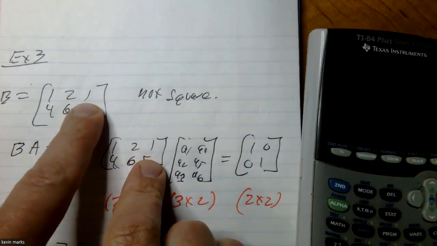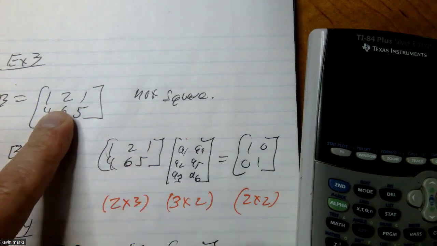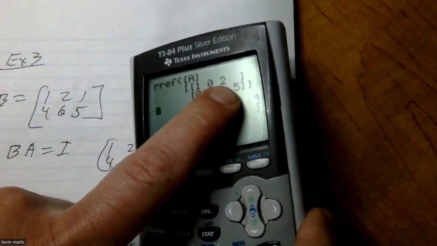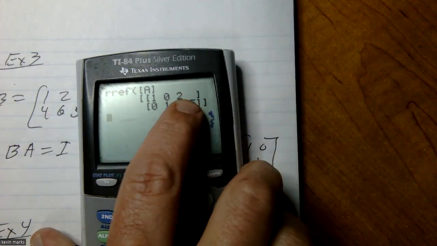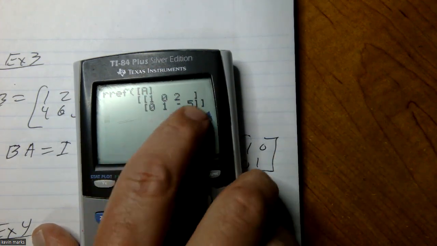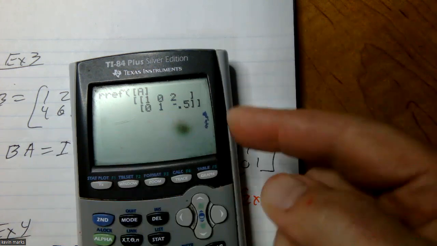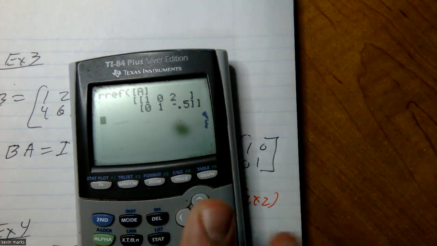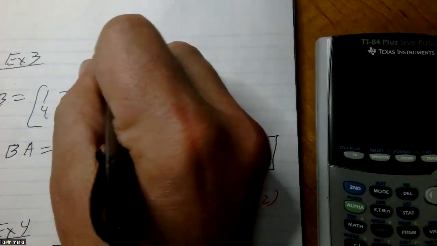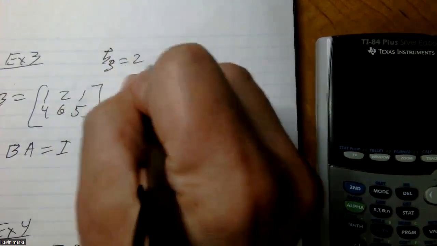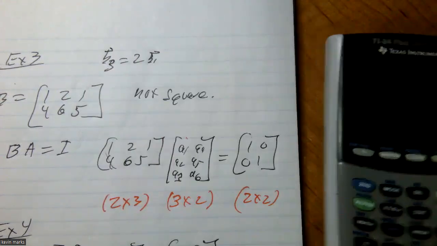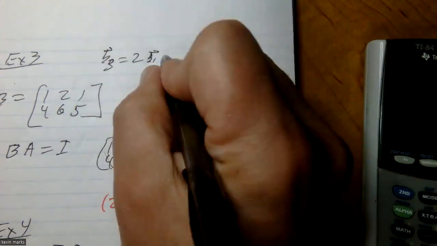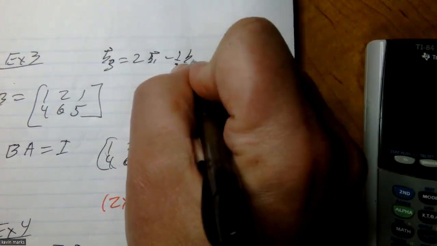Now, is this one a linear combination of the other 2? It is. It literally says it right there. That third column is 2 of these and negative half of these. You could read it backwards: that third column, B3, is literally 2 of B1 minus a half of B2.